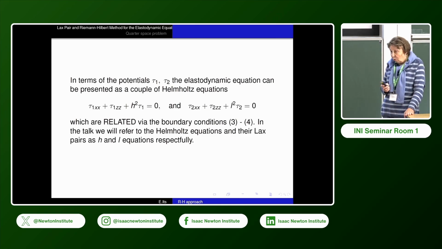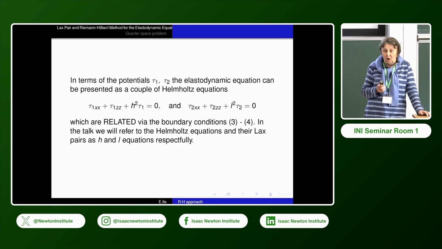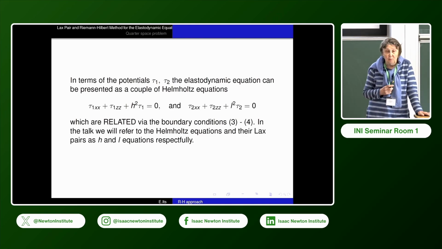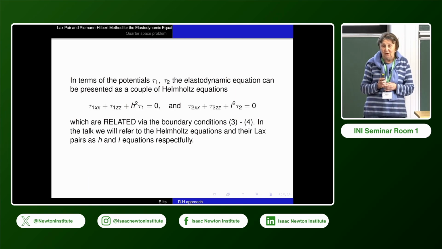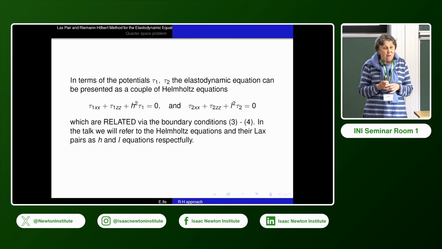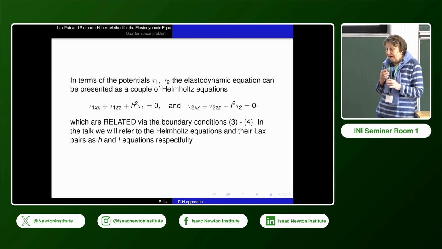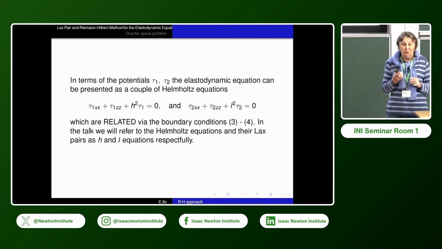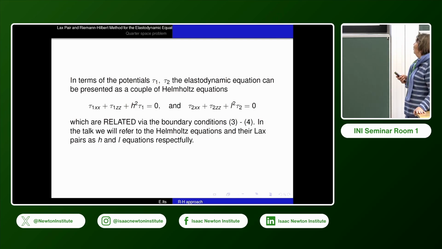Because we started the project very soon after Fokas came up with these ideas, we are using the little bit old-fashioned original terminology about Lax pairs and global relations, not the new, modern, unified transform terminology.